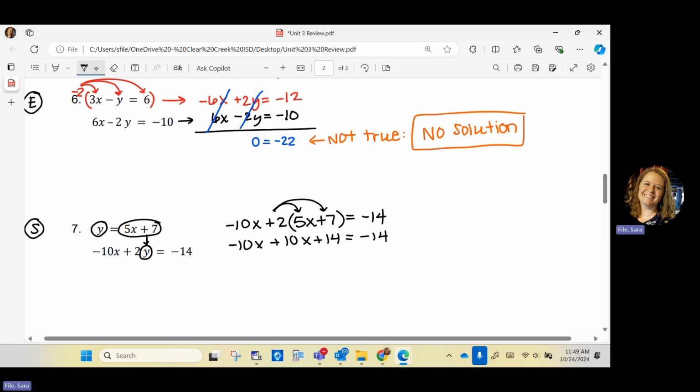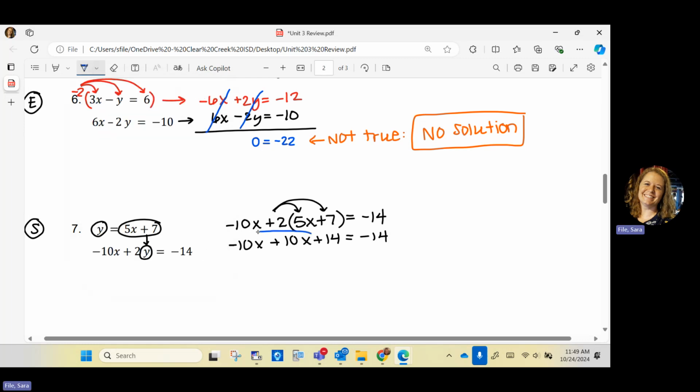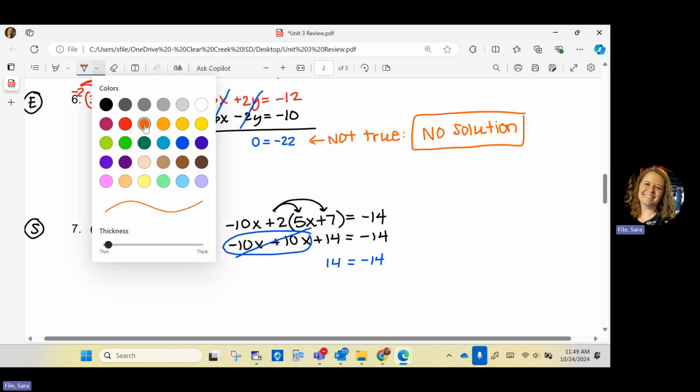So here, what happens when I simplify? 10x and negative 10x eliminate. So I am simply left with 14 equals negative 14. Is that true or not true? Are 14 and negative 14 the same thing? No, one's positive and one's negative.